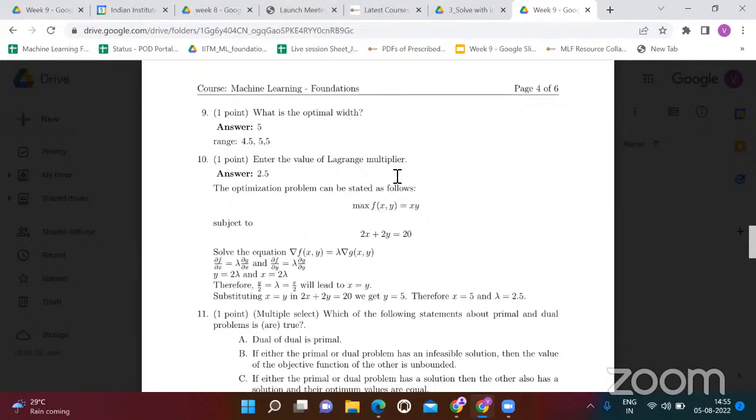Okay. So this is what you're saying. If you are taking minus lambda, then it will become minus 2.5, right?